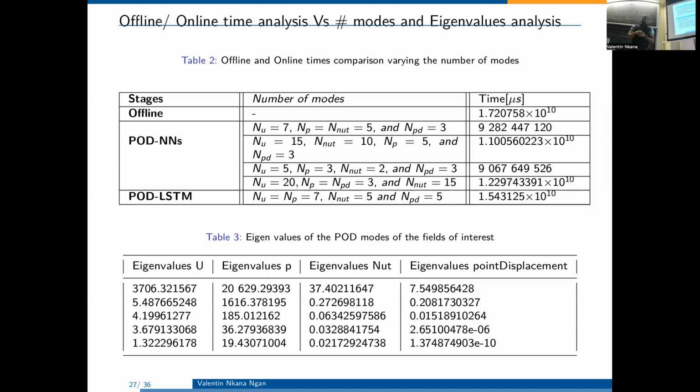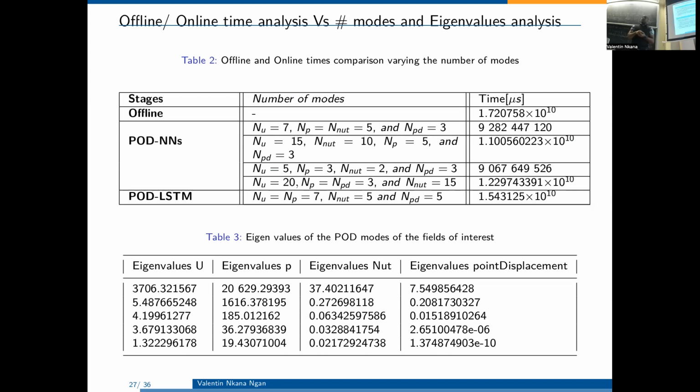And table 3 shows the dominant modes of each quantity of interest. For example, in the velocity, you can see that maybe with 4 or 3 modes we can reconstruct everything. For the pressure, the number is quite high, and this is because at the interface we have high pressure since the mesh is moving.